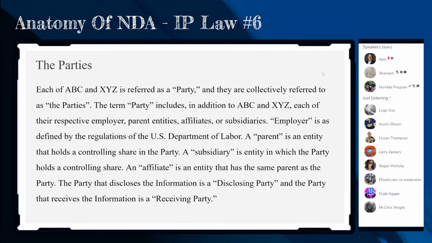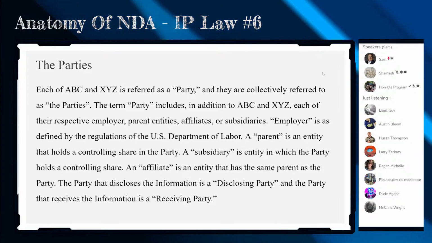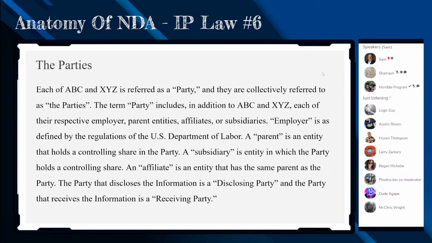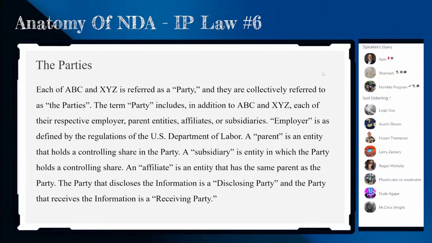Employer is as defined by the Department of Labor. Parent is someone who has a controlling share of the party. Subsidiary is one in which the party has a controlling share. Affiliate is when they have the same parent, and then you define whoever is talking as the disclosing party, whoever is listening as the receiving party.